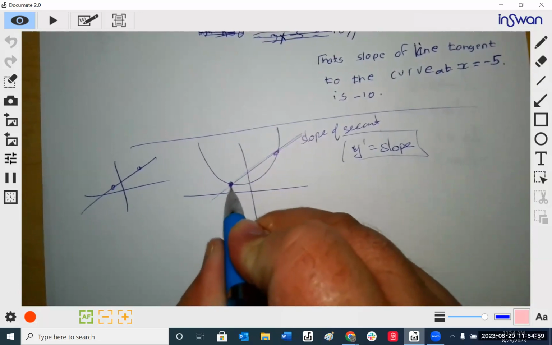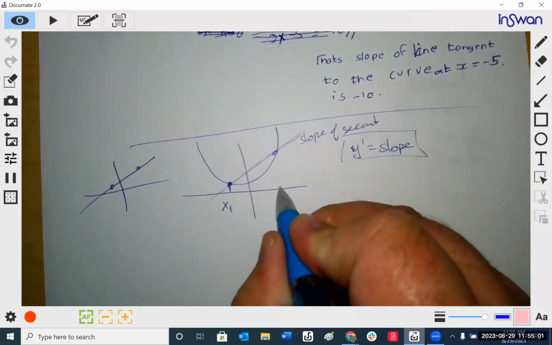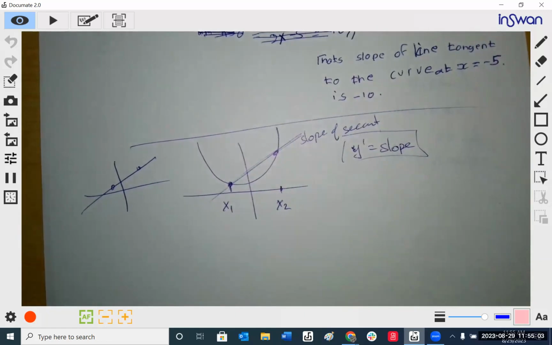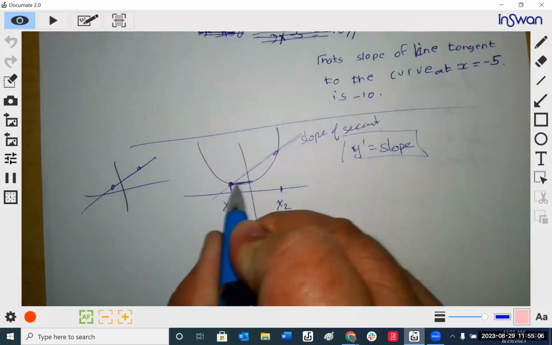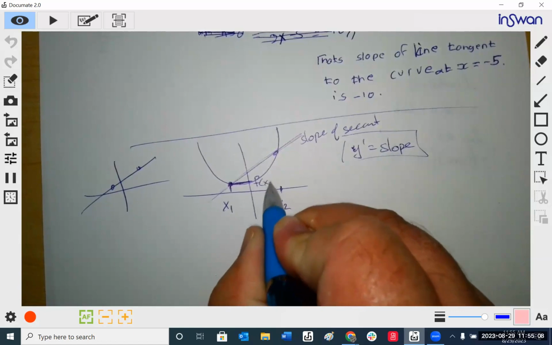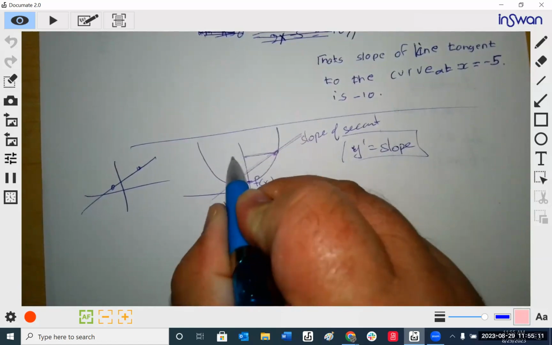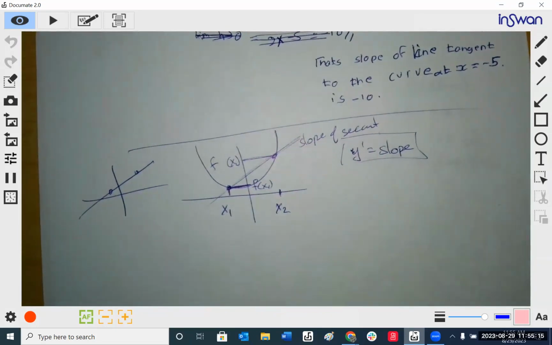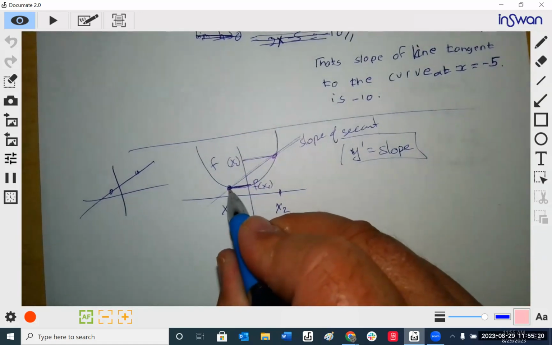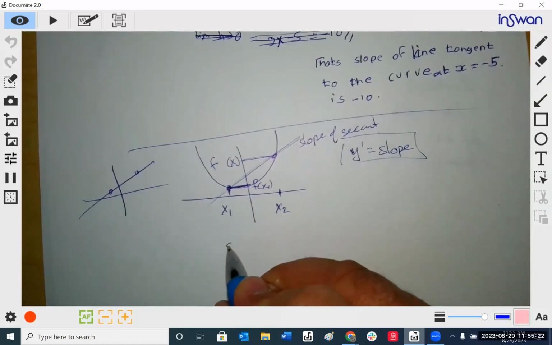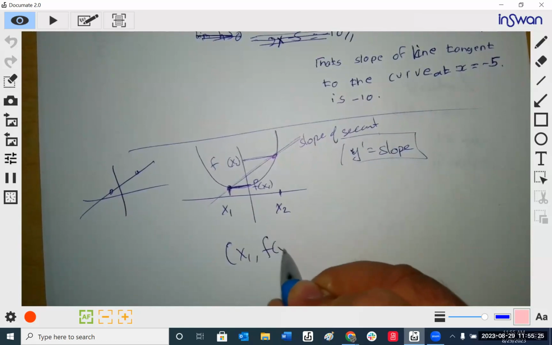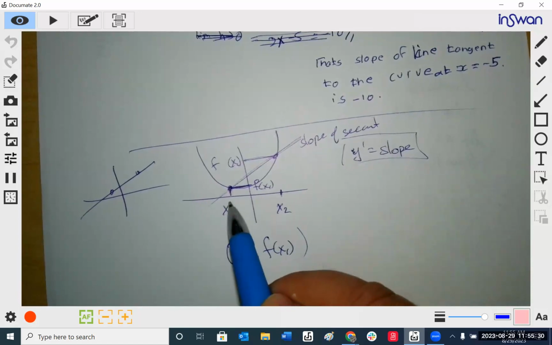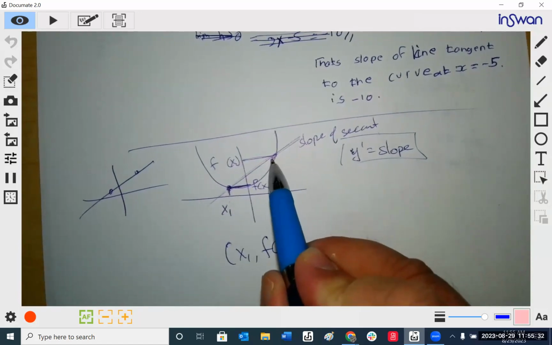So this is x1. This is x2. This corresponds to f of x1, and this is f of x2, right? That's if you know both points. If we only knew x1, f of x1, how do we go from here to this point?